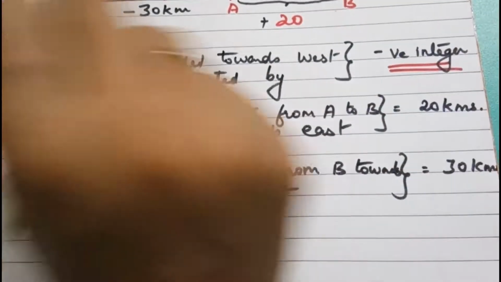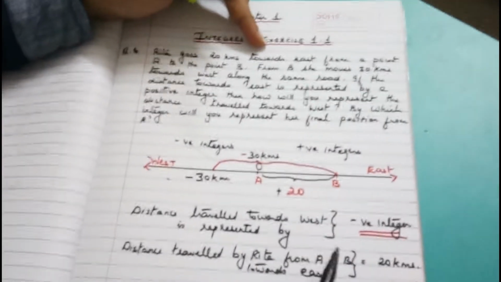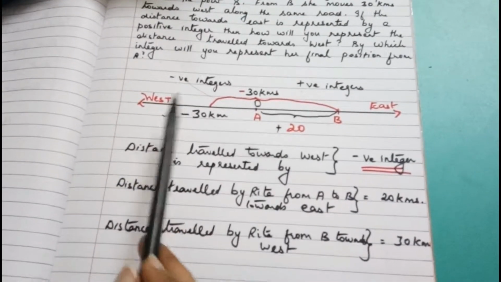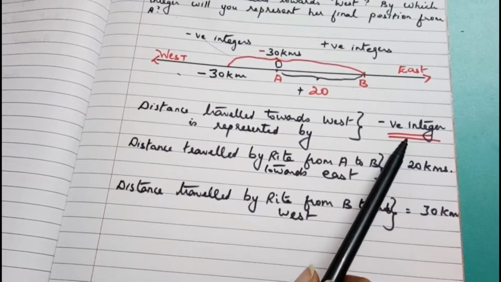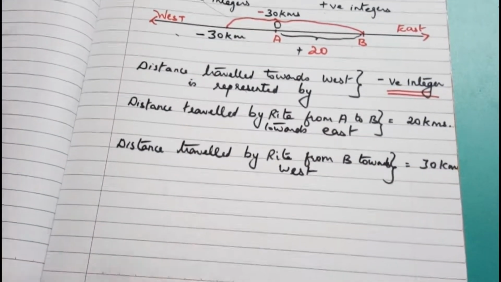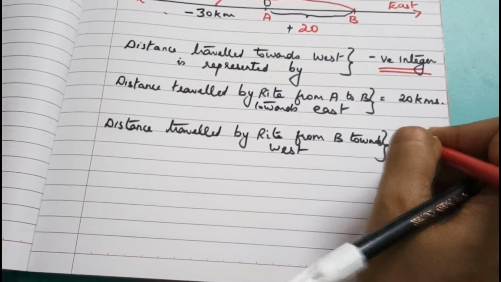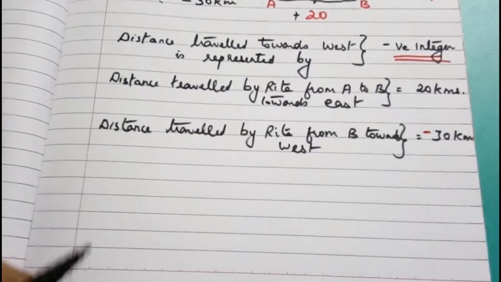Now we have got the answer for the question first one, that since it is on the left hand side, the distance traveled towards west is represented by a negative integer. Okay, so this 30 will be represented as a negative integer, which will make it minus 30 kilometers.